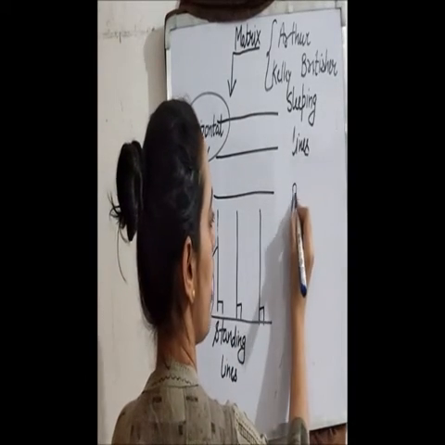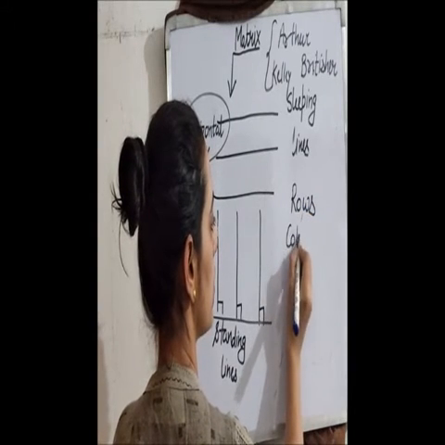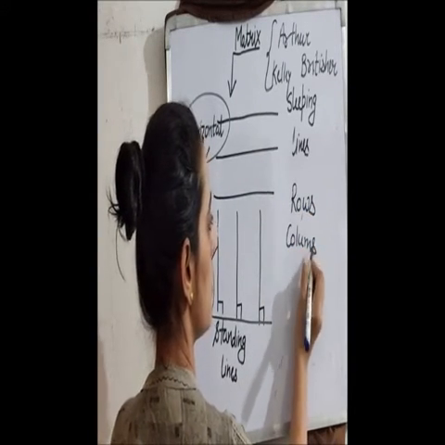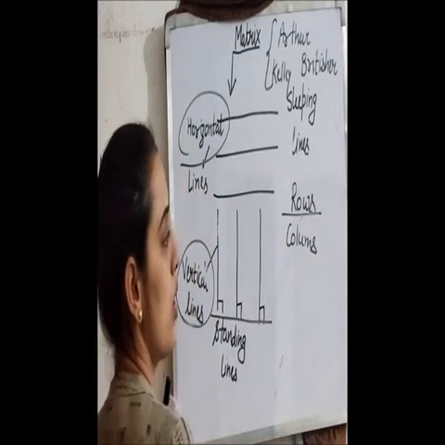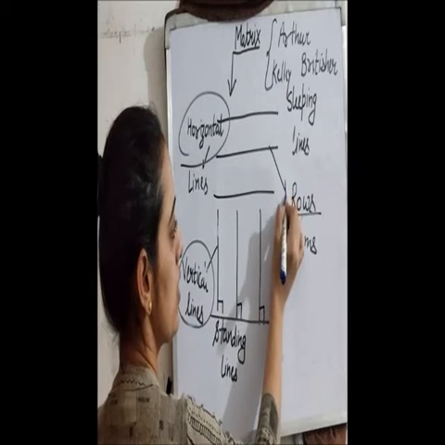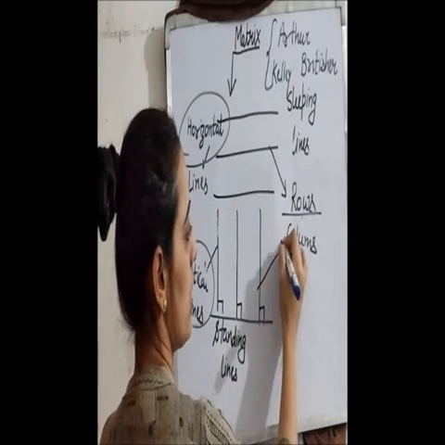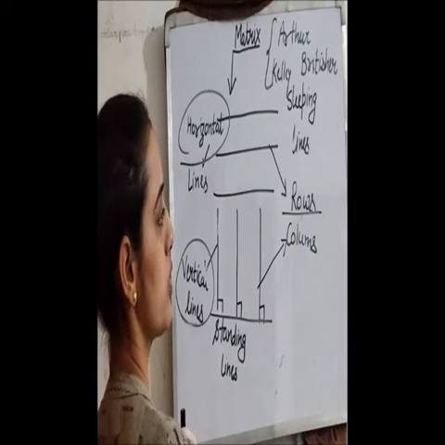So the question is, what do you mean by row? These horizontal lines are called rows and these vertical lines are called columns.